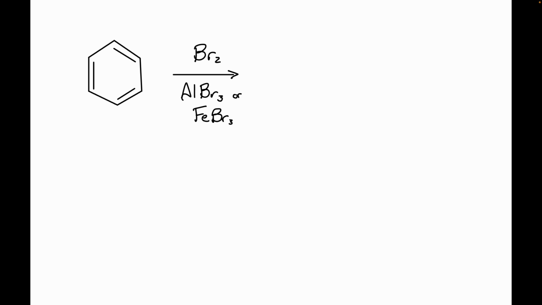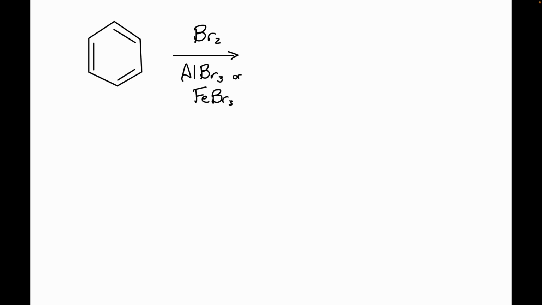All right, so what this is going to do is it's going to react with that bromine to create what we call our electrophilic species. This is what's actually reacting with that benzene ring.